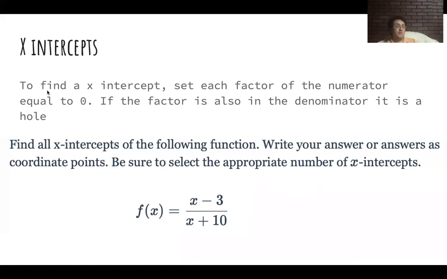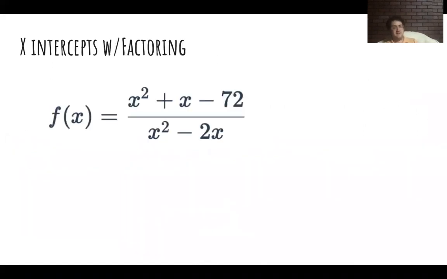Now let's look at y-intercepts. Actually, let's look at an x-intercept with factoring. This one, the factoring is not as bad. So we have ACB on the top. We have a GCF on the bottom. So when I factor, I know that I have x times x.